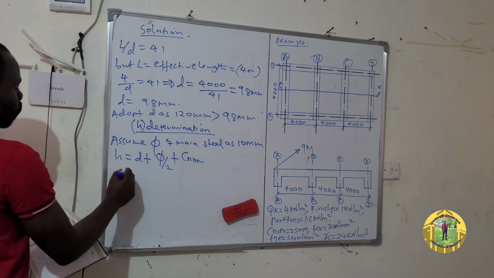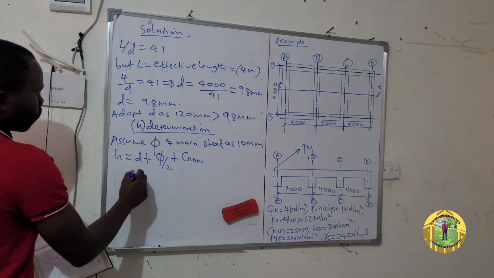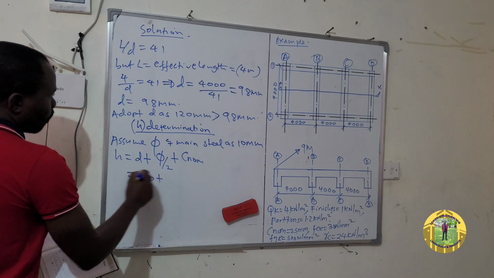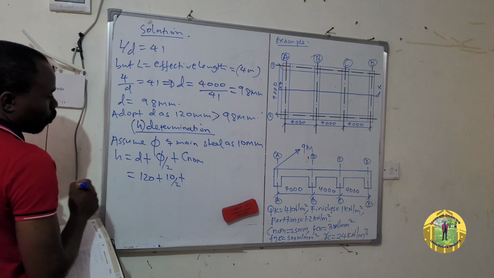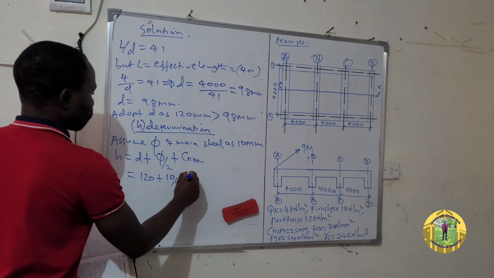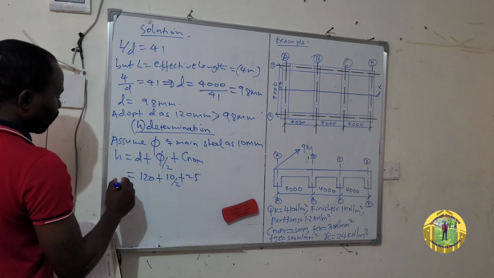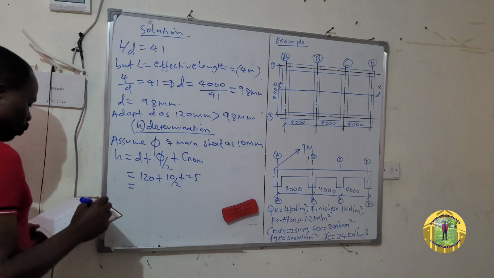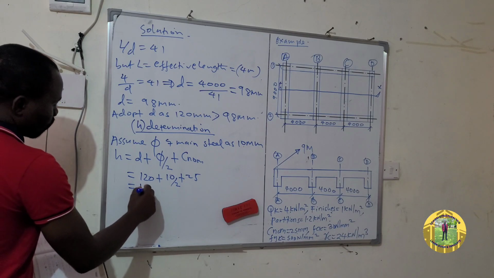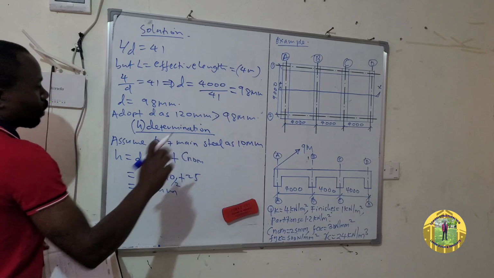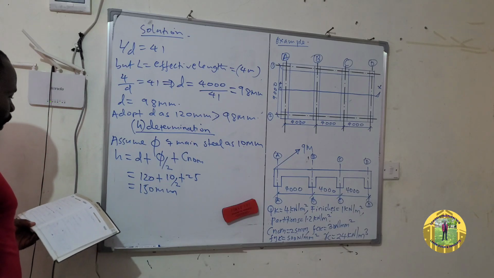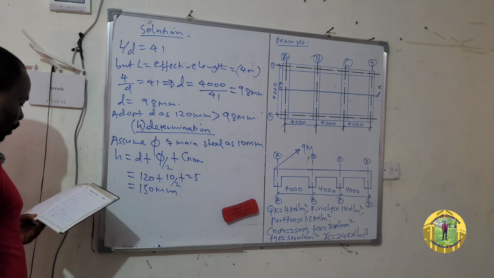So this is equal to our new D, 120, plus 10 all over 2, plus our nominal cover here, which is 25 millimeters. Therefore, H is equal to 150 millimeters. So our overall depth of the slab is 150 millimeters.